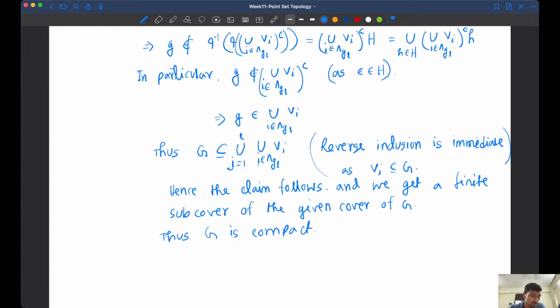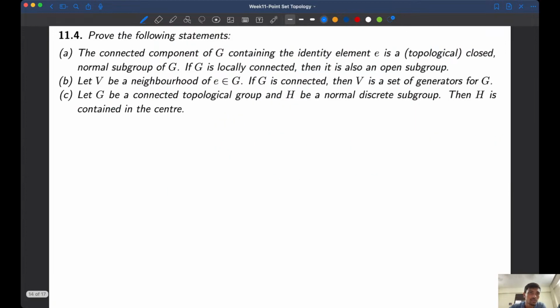Okay, so then let's go to the next one. Suppose you have the connected component of a group G of the identity element E. Then actually it is a closed normal subgroup of G, and in particular if G is moreover locally connected, then the component is a normal open subgroup, also an open subgroup.